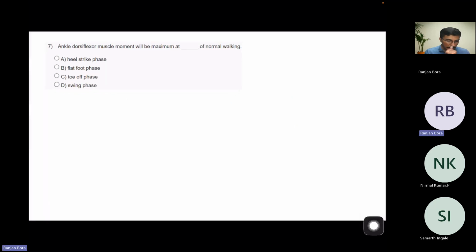Okay. Next, ankle dorsiflexor muscle moment will be maximum at when?